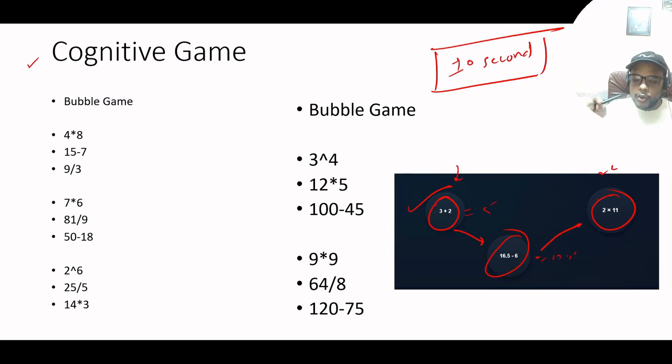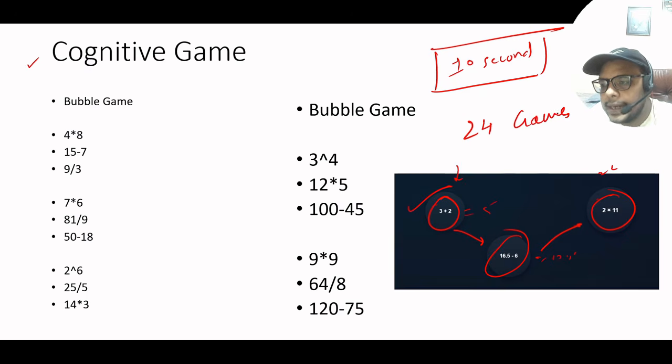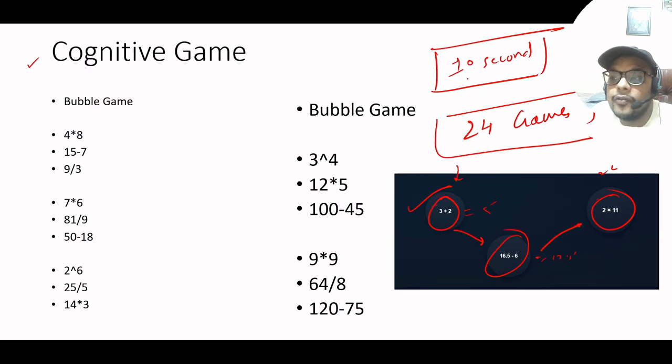You just need to click on the bubbles based on their value. The main thing is calculation, how fast you can calculate, because there will be a total of 24 games. Per game there is a timer of 10 seconds, so only in 10 seconds you need to calculate the values and solve this.